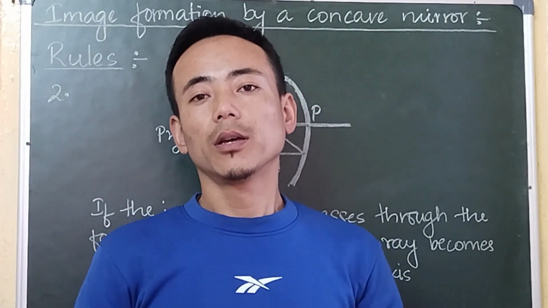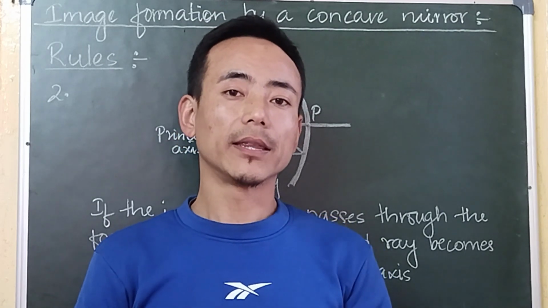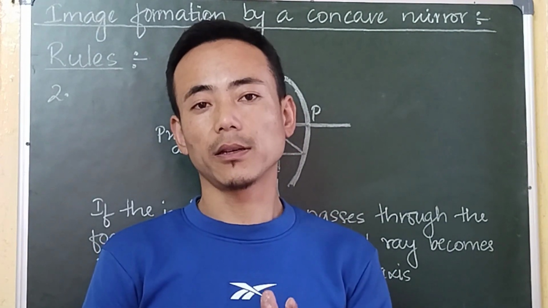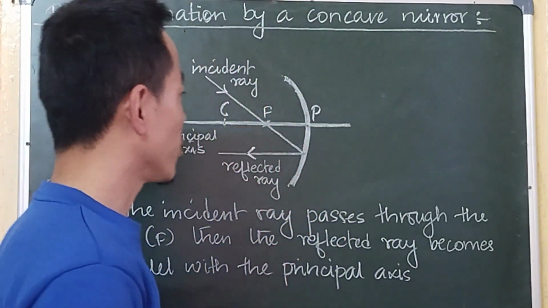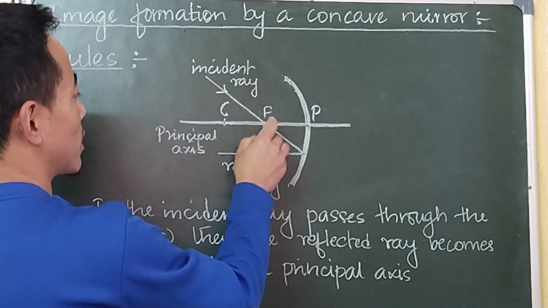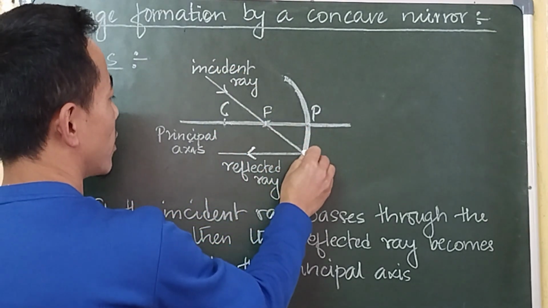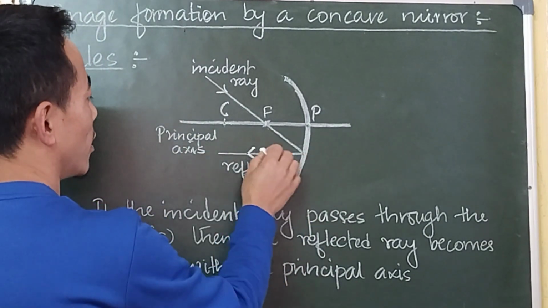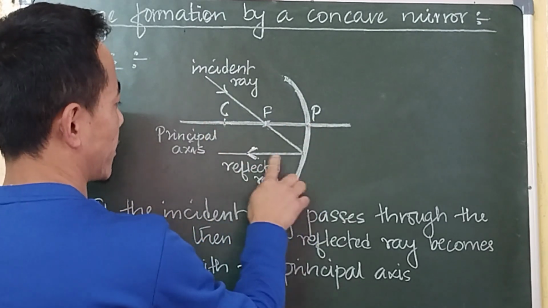Rule number 2 says that if the incident ray passes through the focus, then after reflection, it becomes parallel with the principal axis. It is just the reverse of the first rule. Here in the diagram, you can see this incident ray which is now passing through the focus F, and as soon as it strikes the mirror, it reflects. The reflected ray, you can see, becomes parallel with this principal axis.